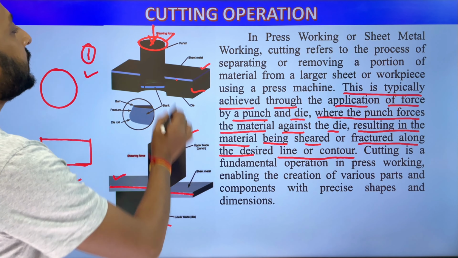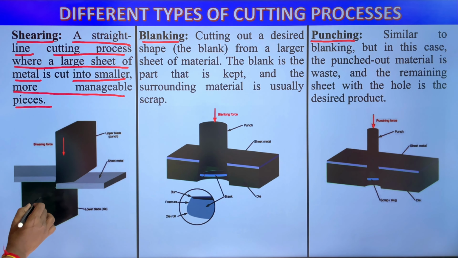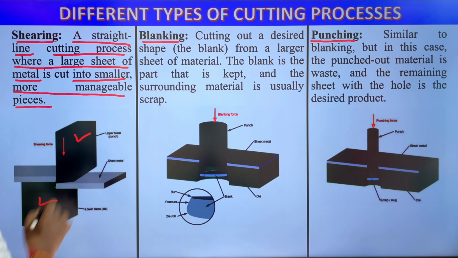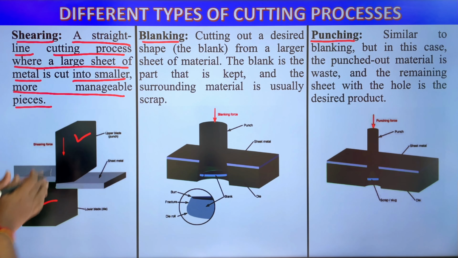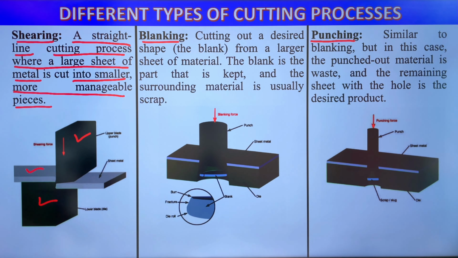Shearing is done by cutting a sheet metal in a straight line. So this is die and this is punch. Punch is square or rectangular in cross section, and this is sheet metal. Cutting is done at a straight line.